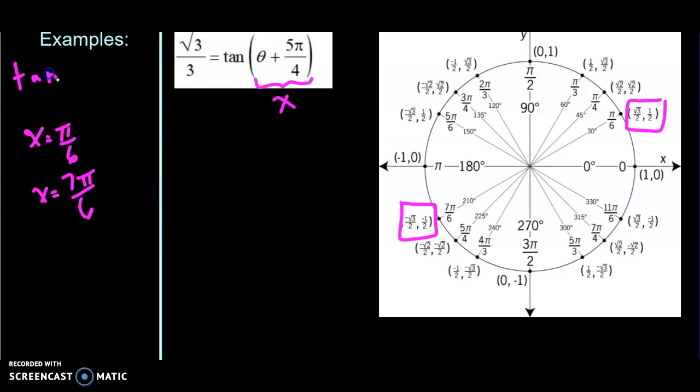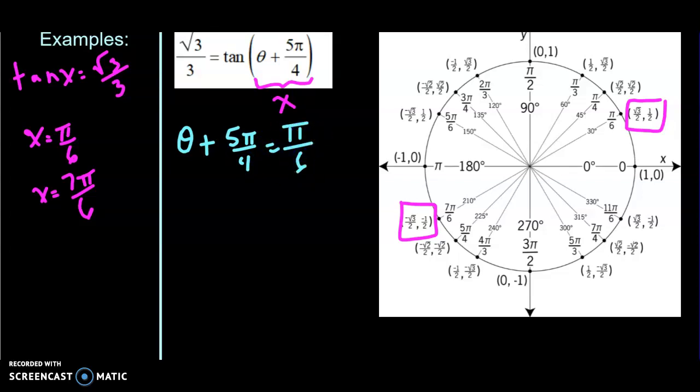So now tangent of x equals root 3 over 3. Now that I found my x, that's going to help me find my theta. So I'm going to set up an equation: theta plus 5 pi over 4 equals pi over 6, which is my first x, right?